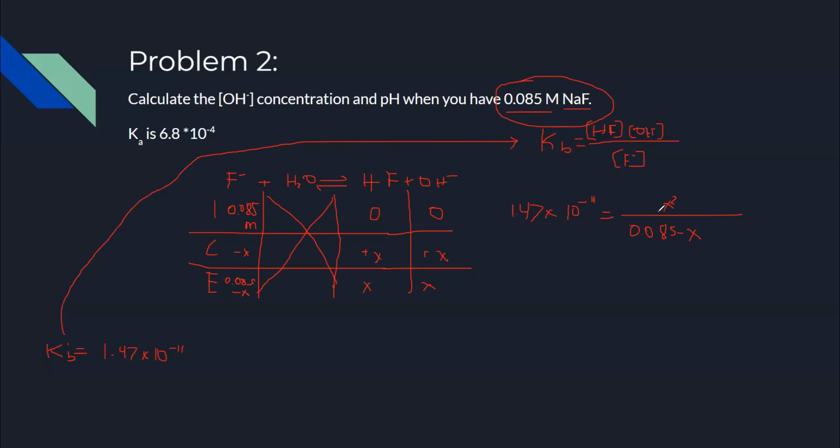Because we have x squared and 0.085 minus x. You could use a quadratic equation to solve it, but sometimes you don't have to if you know that the percent ionization is under 3%.